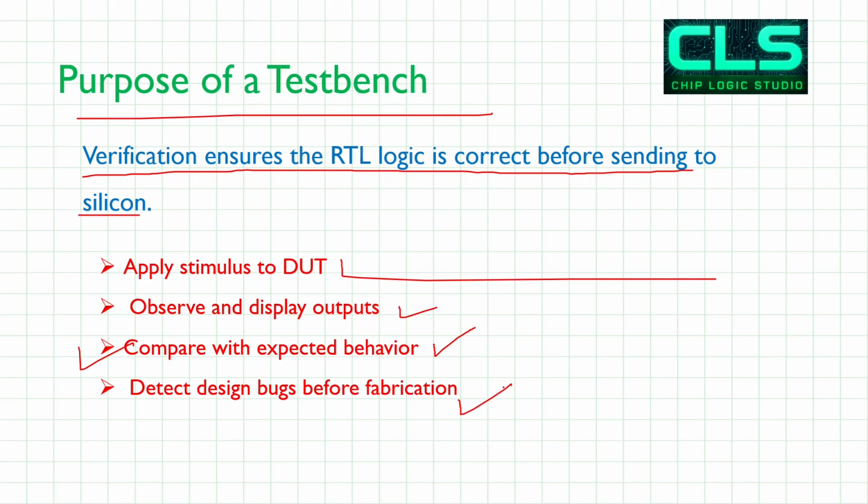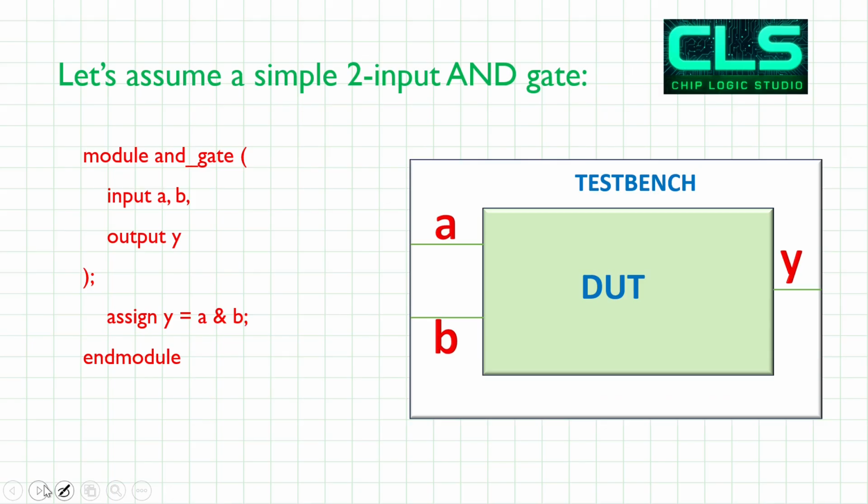So we test, and the bugs are found before sending the design to fabrication, because once the hardware is created we cannot change small things after fabrication, right? For example, with a multiplexer, we know that if we select line A, then the output should be A. So we compare in that way, not by writing some code for that.